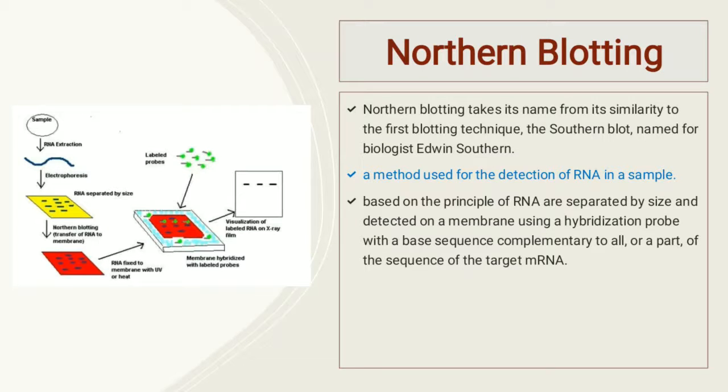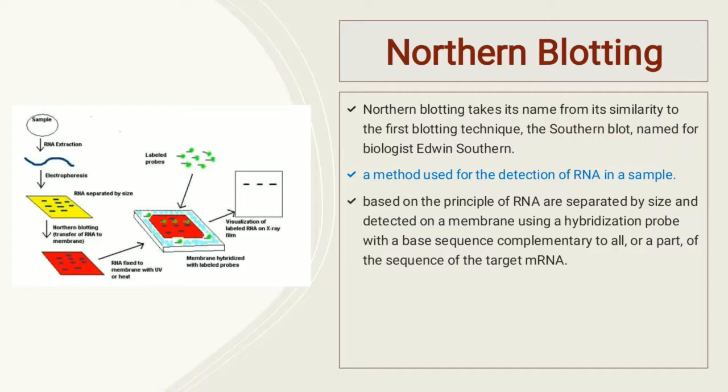These bands are then transferred to the nitrocellulose membrane. The process of transferring the RNA bands from the gel onto the nitrocellulose membrane is similar to that used in southern blotting. After transferring, the RNA is fixed onto the membrane by using UV or heat.